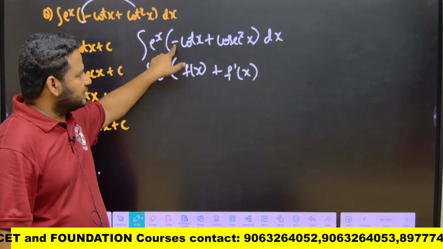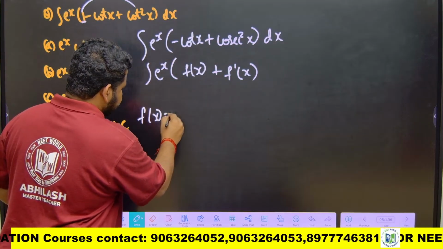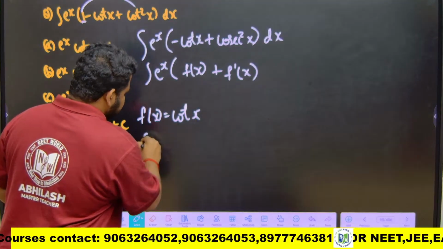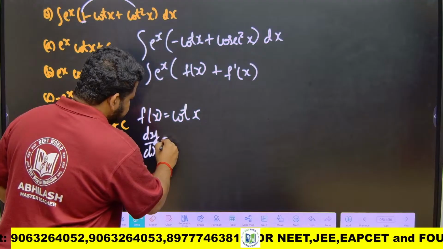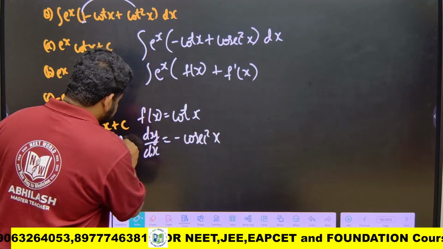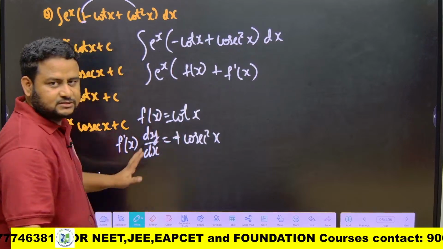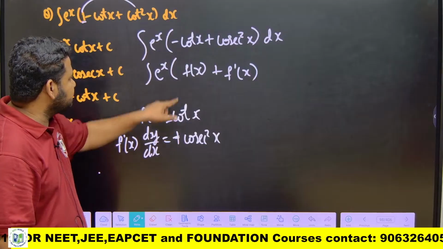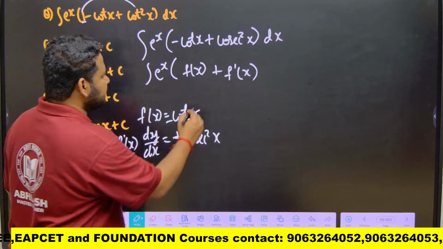But here we have minus cot x, so f of x is minus cot x, and f dash of x is cosecant square x. So what will be the answer to this question?